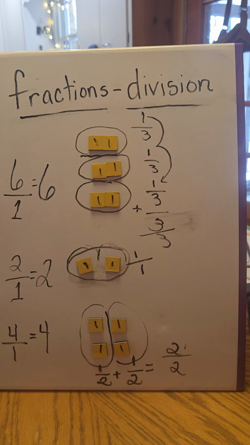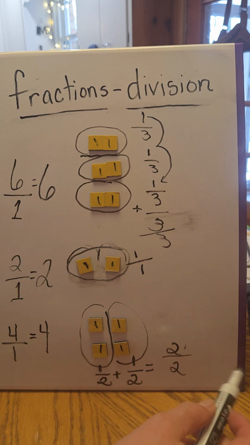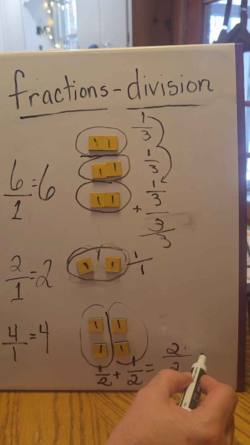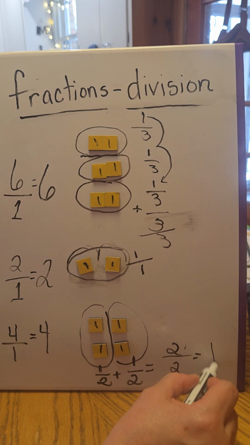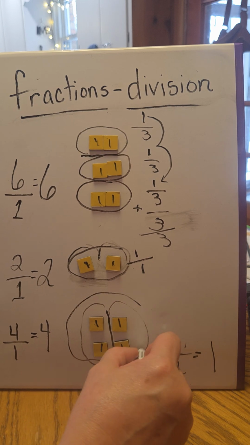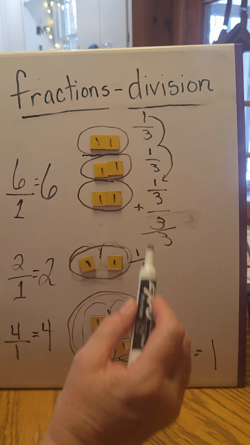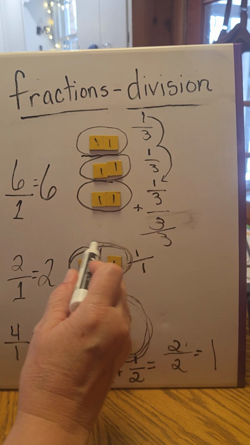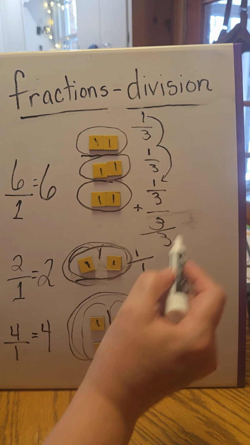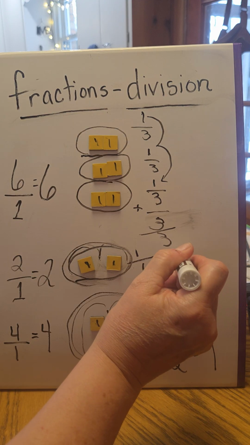Hey, it worked. It worked for all 3 examples. Yep. Because the top and the bottom match, that equals 1. We just separated and worked with one whole group. Yep. We didn't leave anything out. Well, same thing happened here. 1 over 1 is the same as saying 1.